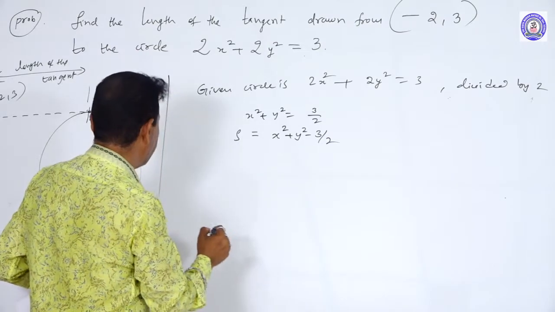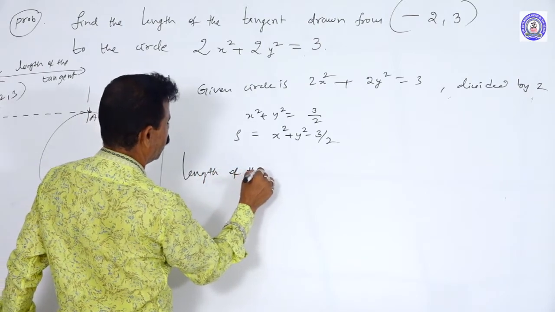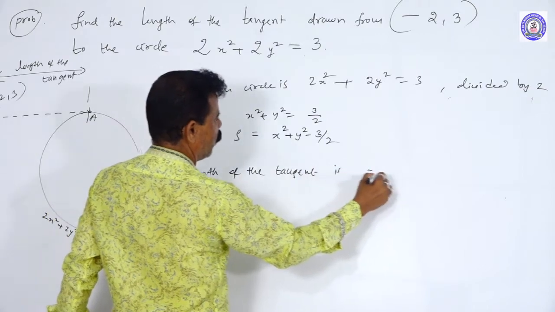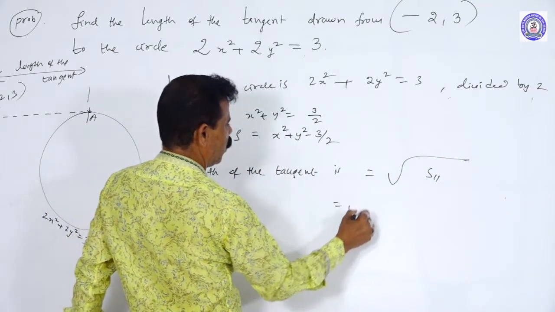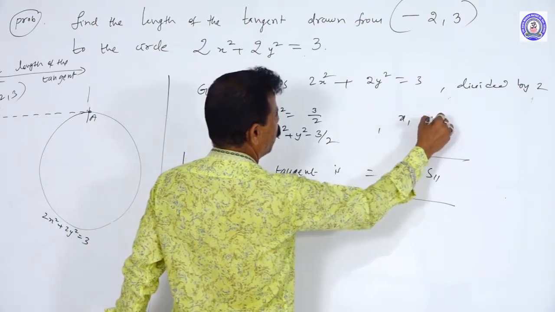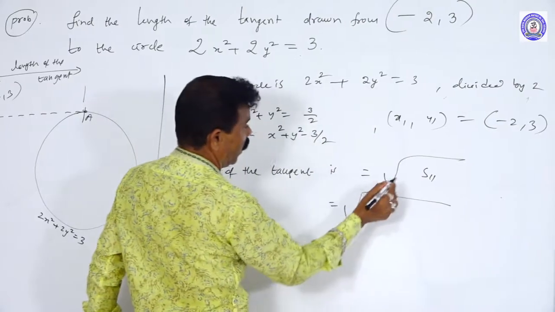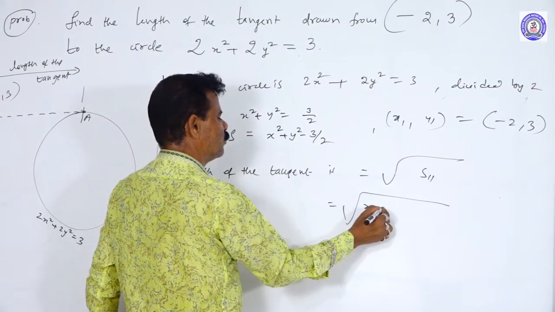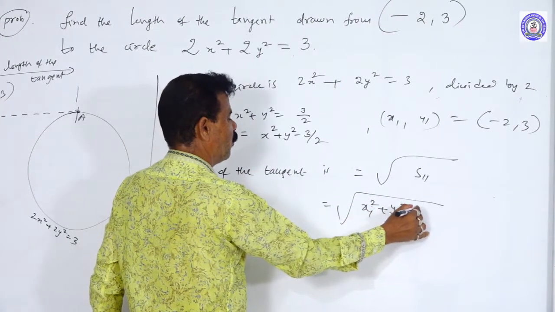So the length of the tangent is equal to √S11. Here the point (x1, y1) is (−2, 3) as given. S11 means x1² + y1² − 3/2.